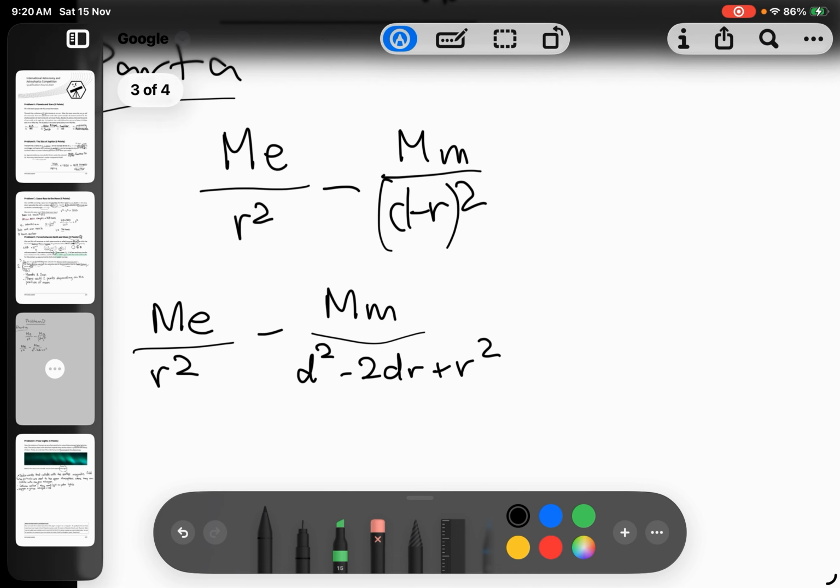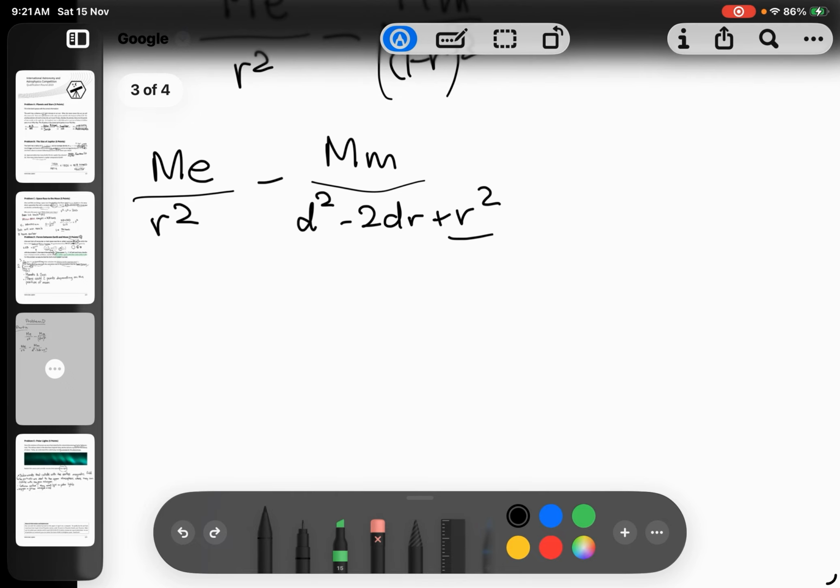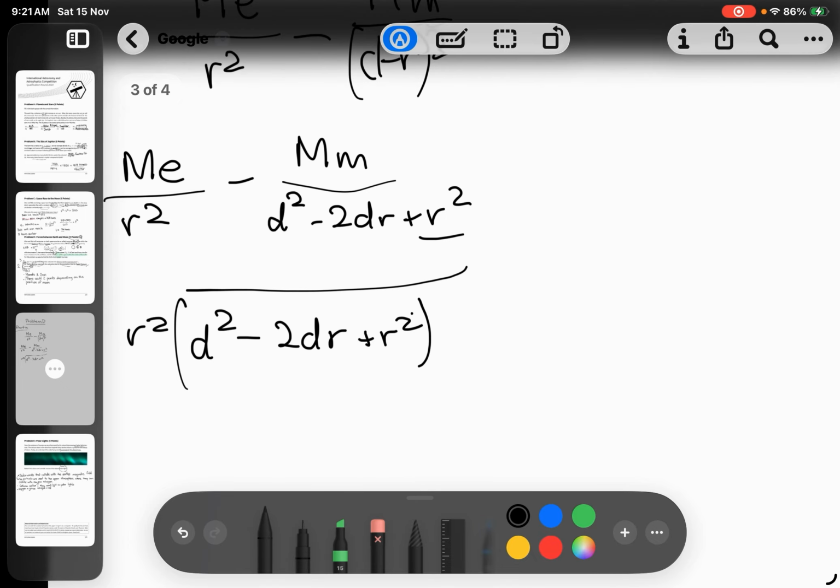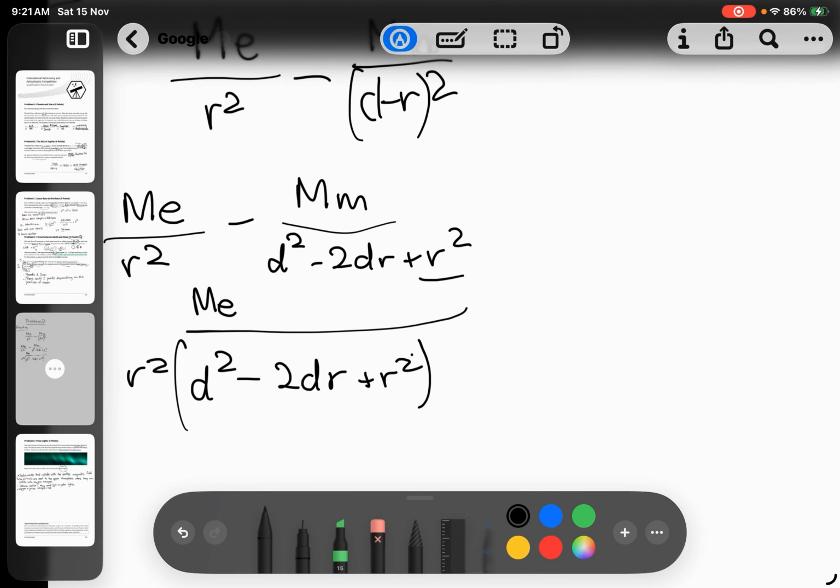Okay. Since there's R squared already here, we just have to multiply both sides by this. This isn't plus though. This is just R squared, so if we multiply it then it won't stay the same. I think we just do this. D squared minus 2DR plus R squared, this will be ME R squared. This cannot be the correct way.